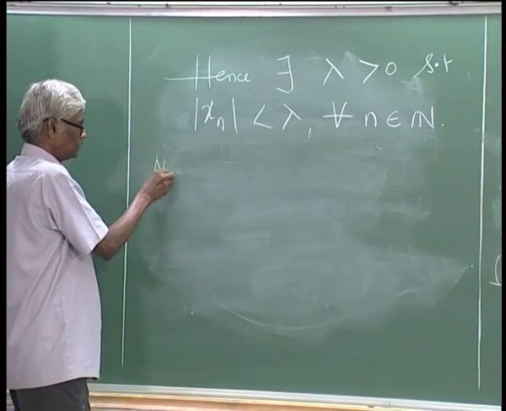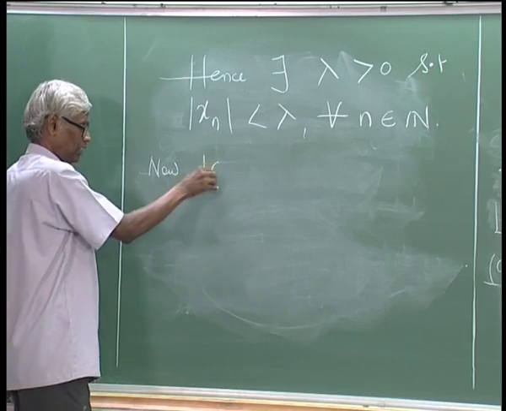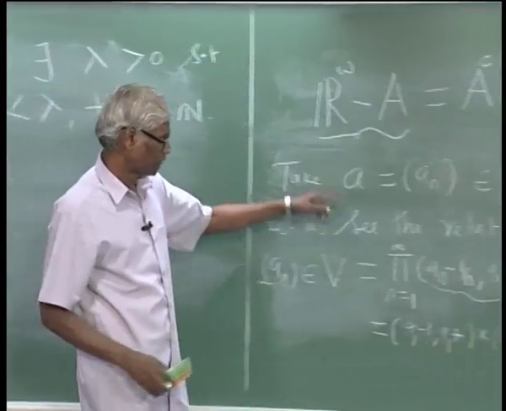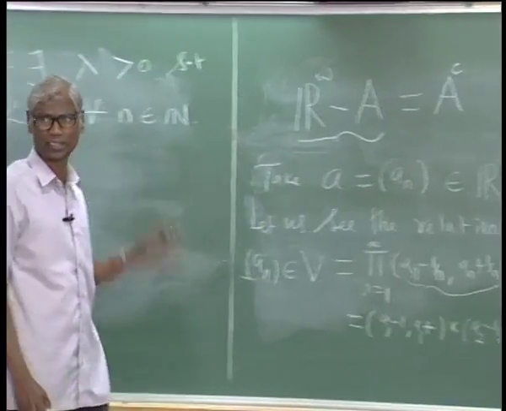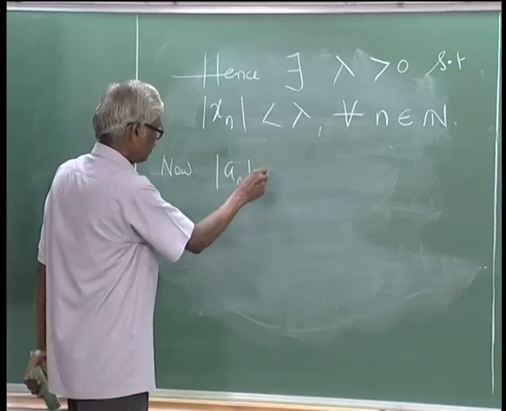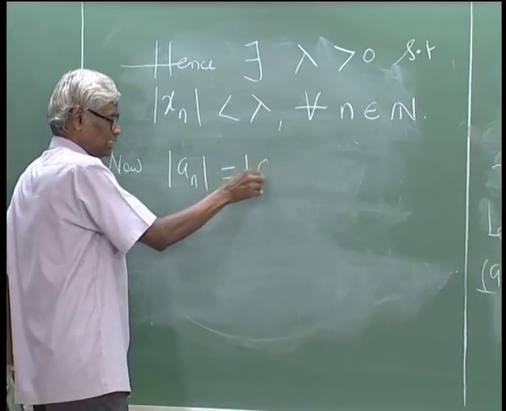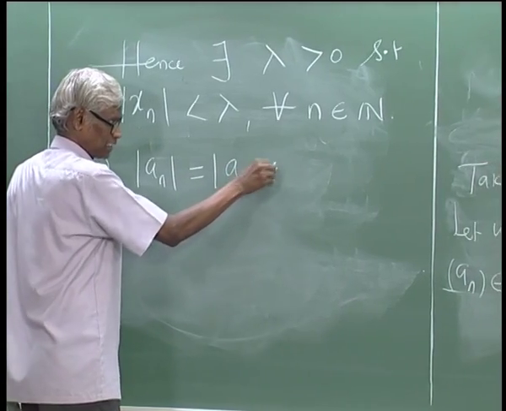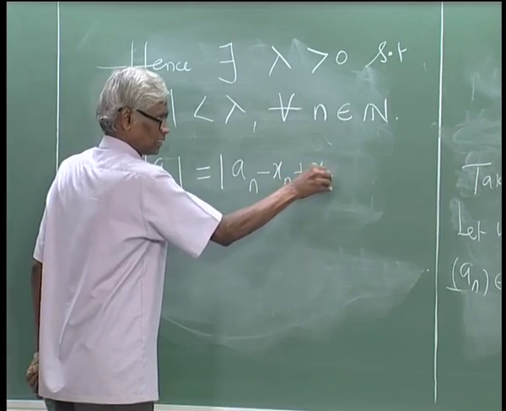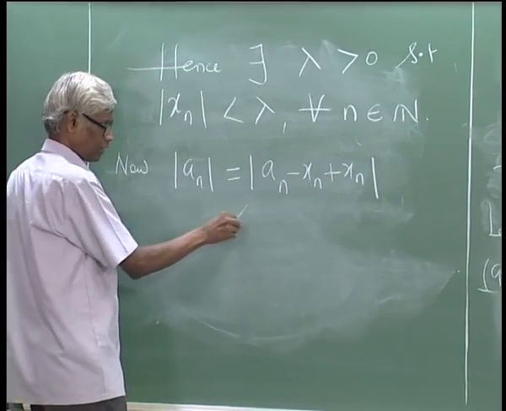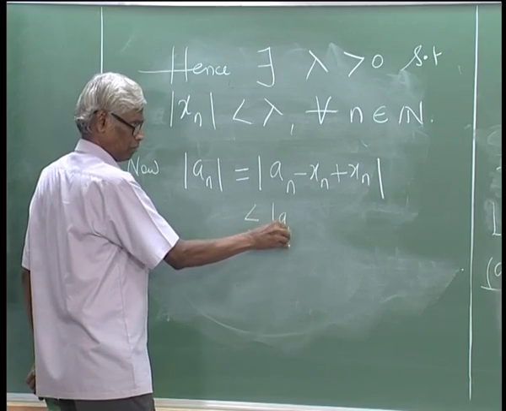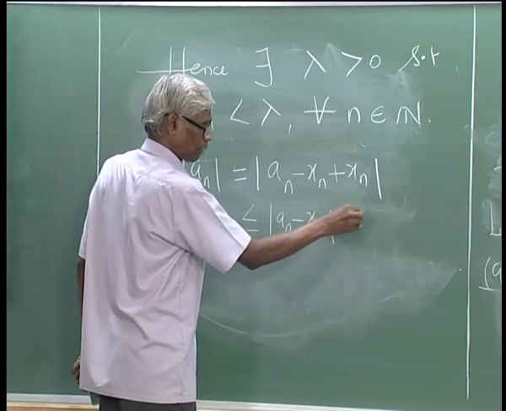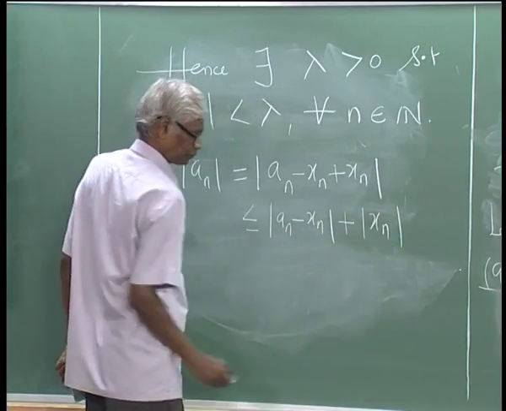Now consider again a_n. We just change the role here, in place of a_n, now consider x_n. So now add and subtract x_n, that means a_n minus 0, that is a_n minus x_n plus x_n. Again by the triangle inequality, this is less than or equal to mod of a_n minus x_n plus mod x_n.